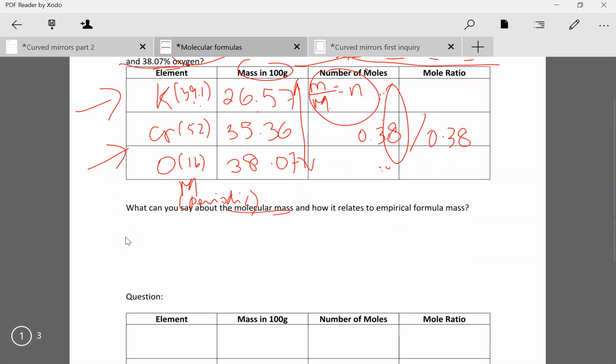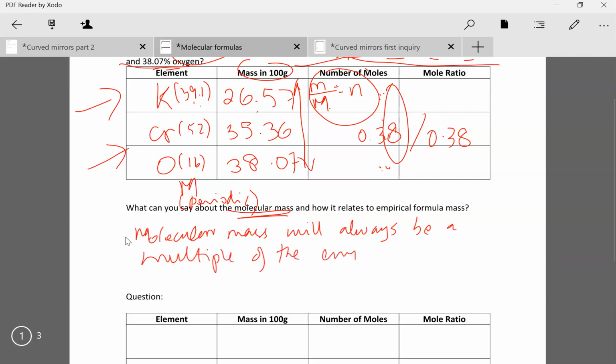But what we can say about the molecular mass is that the molecular mass will always be a multiple of the empirical formula mass, or empirical mass as a whole.